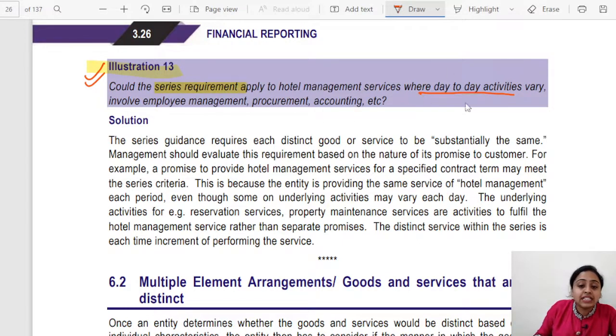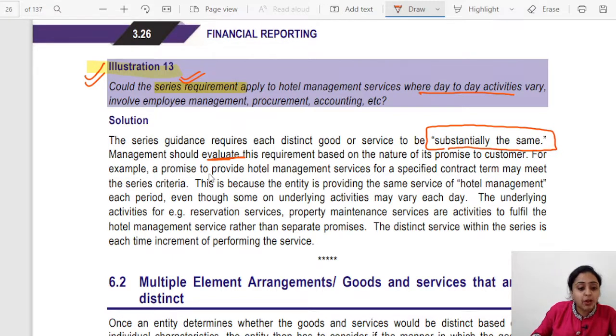Should these day-to-day services be separately identified, or should it be a series requirement? See, the guidance requires that the goods and services provided should be substantially the same. Management needs to evaluate this requirement based on the nature of its promise to the customer.